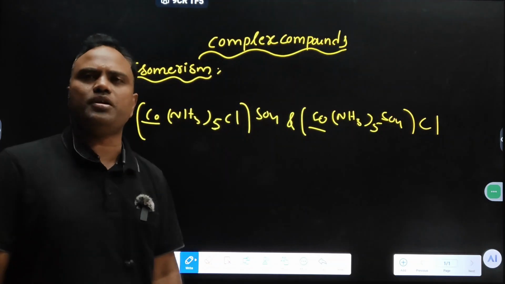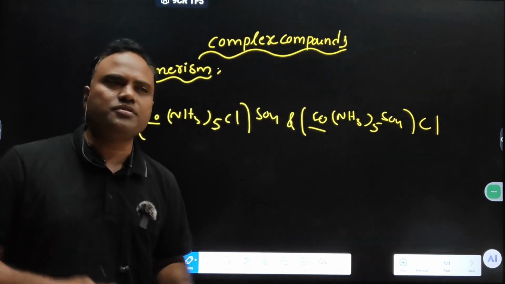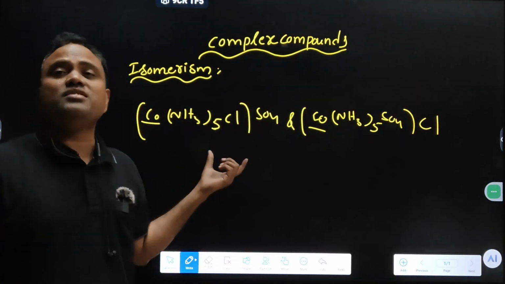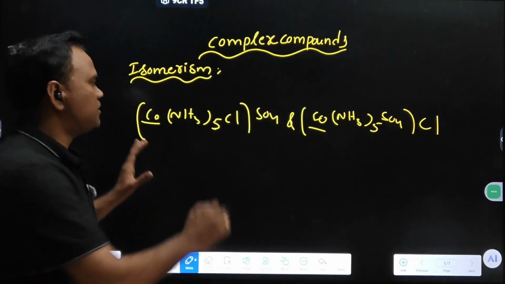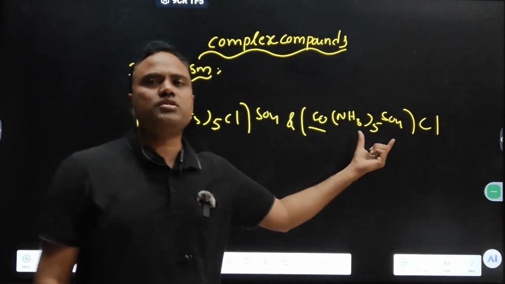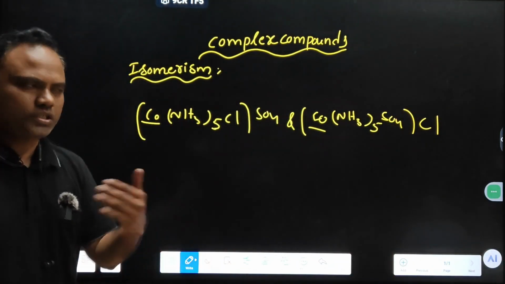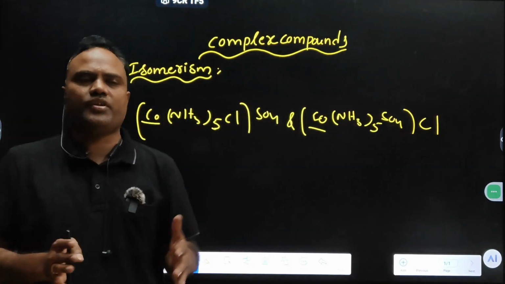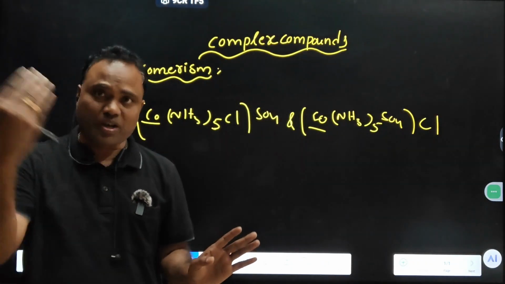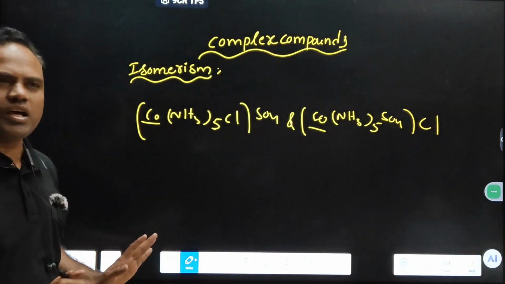So same molecular formula. Complexes are having the same molecular formula, but what is the difference? Difference in the structure. See, in this coordination sphere, chlorine is there, but in this coordination sphere, sulfate ion is there. Structure is different only. Actually, this is a different type, but basic definition, structure. Again, subclassification is there. Basically, structure is different or not?